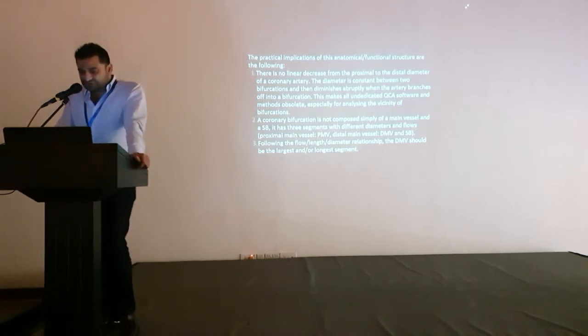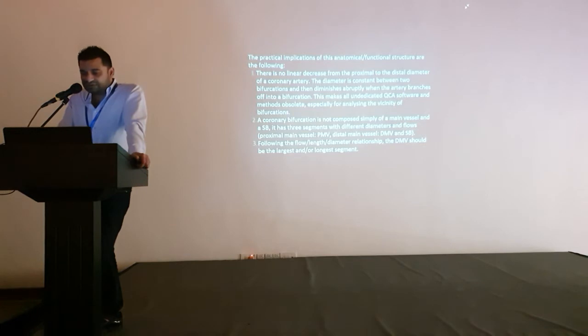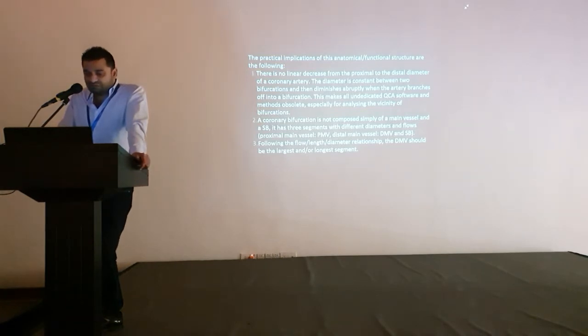Secondly, coronary bifurcation is not composed simply of a main vessel and a side branch. It has three segments with three diameters and flow: proximal main vessel, distal main vessel, and the side branch. Following the length-flow-diameter relationship, the proximal main vessel should be the largest and longest segment.